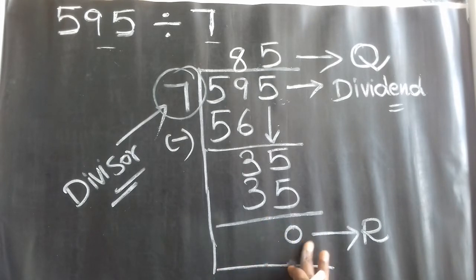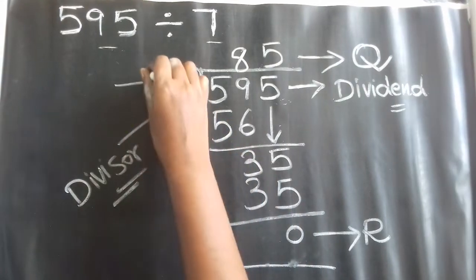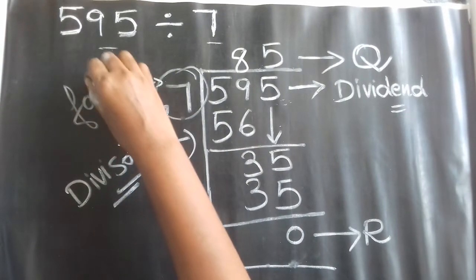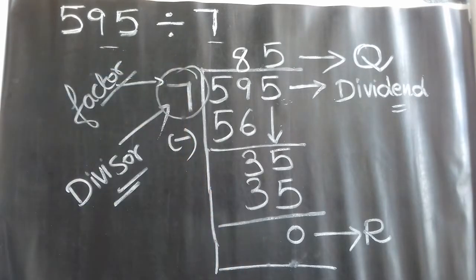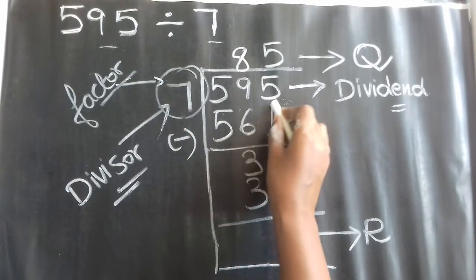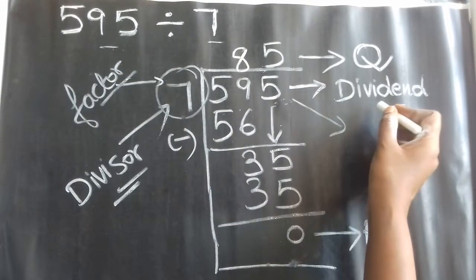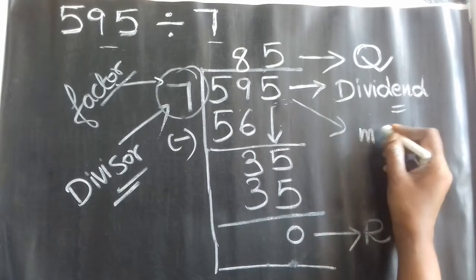Since the remainder is 0, 7 is a factor of 595, and this 595, the dividend, is a multiple of 7.